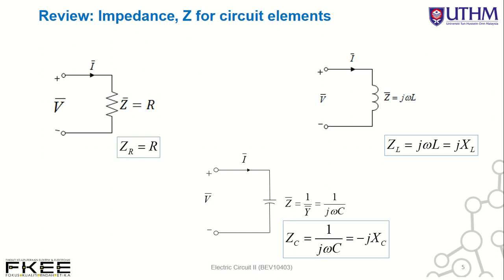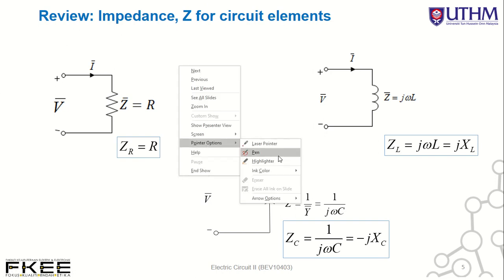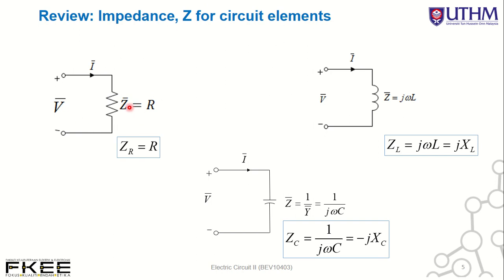In the previous lecture, we already discussed how to derive the impedance for the circuit elements. For example, let's say we have a circuit with R and a voltage source. How do we determine the impedance for the resistor? Z equals R, so we call it ZR equals R, the value of R itself, in units of ohms.